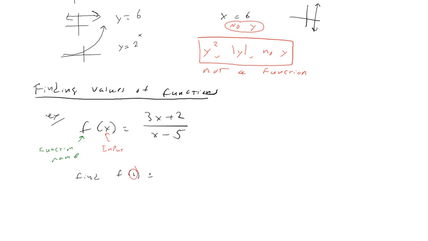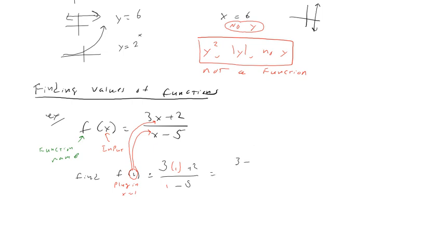Plug in x equals 1. So I get 3 times 1 plus 2 over 1 minus 5. So 3 times 1 is 3 plus 2 over negative 4, so 5 over negative 4.